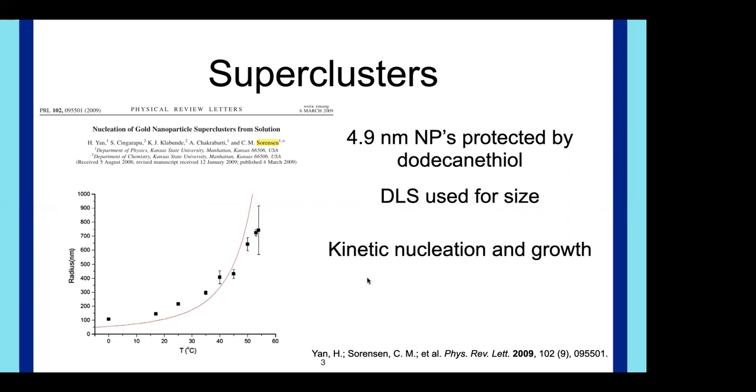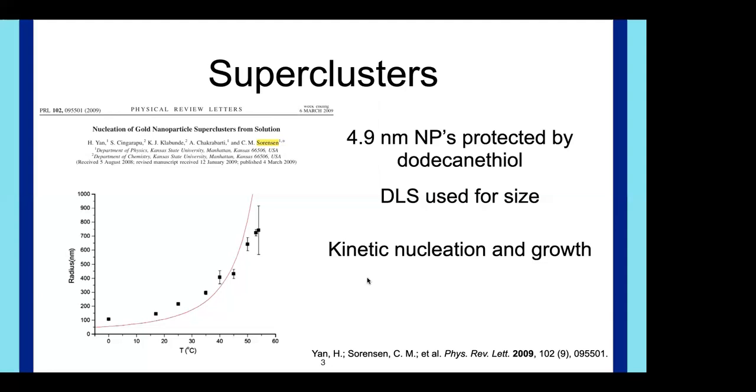And what they saw was a kinetic nucleation and growth of the supercluster assemblies in solution. That meaning the deeper the quench, the more nucleation sites were available in solution for the monomer units. So the deeper the quench, the smaller the supercluster formed, because you have more nucleation sites, and thus the monomer units spread into more different supercluster assemblies.